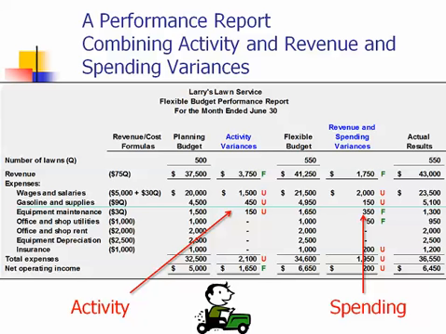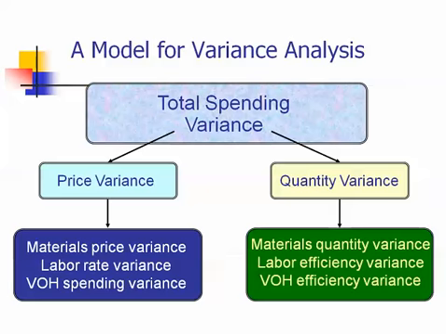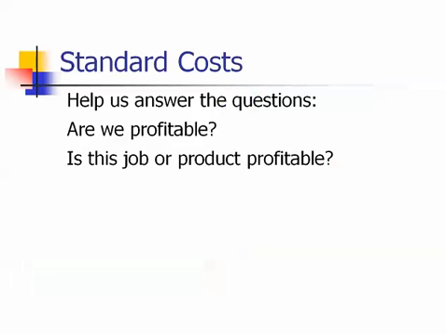And then we said that spending variance could be due to two things. One, we could have purchased more than we needed or used more than we needed. And two, the price could have been higher or lower. So we broke the $150 spending variance into two components, a price variance and a quantity variance.